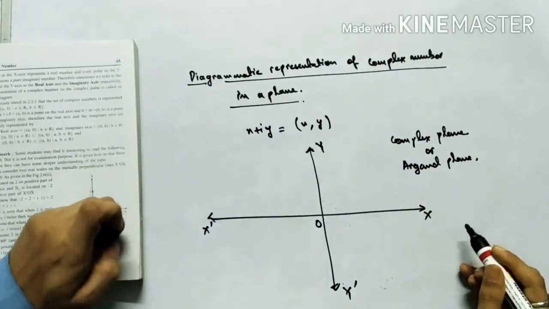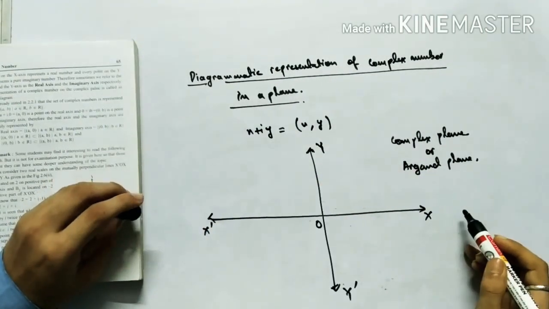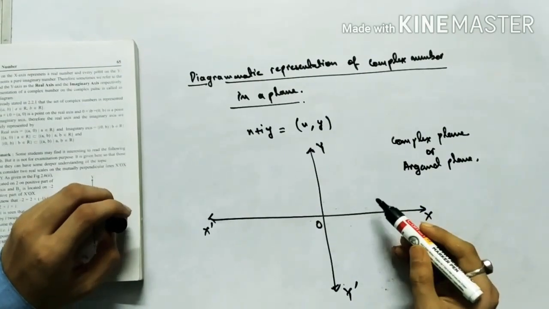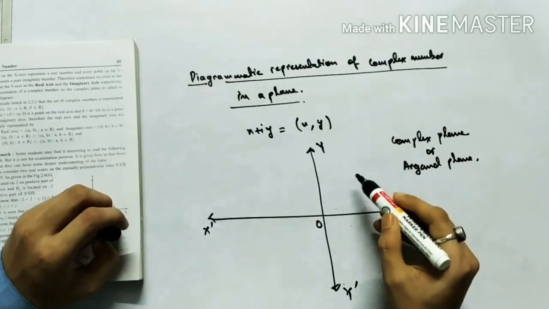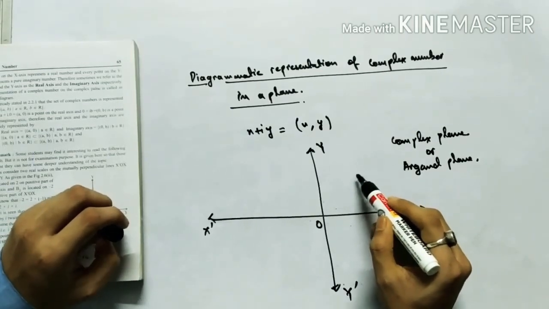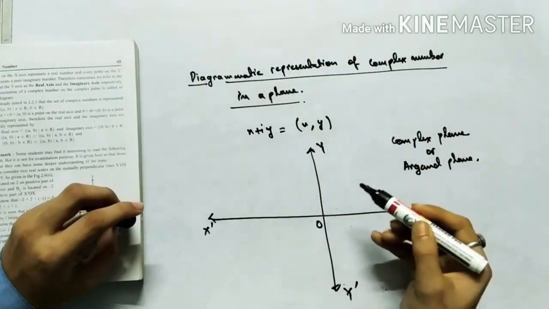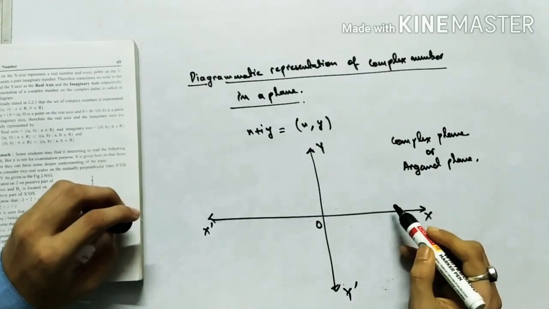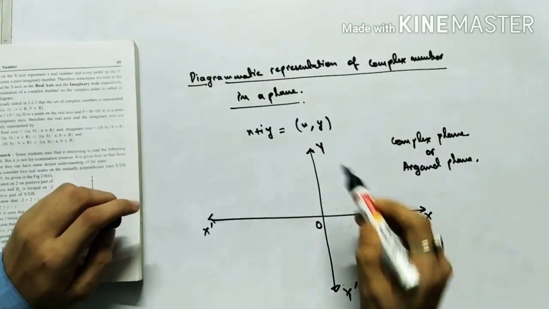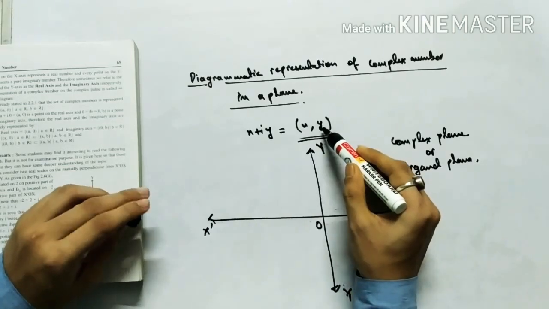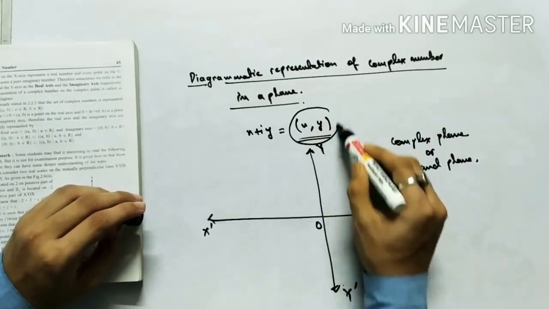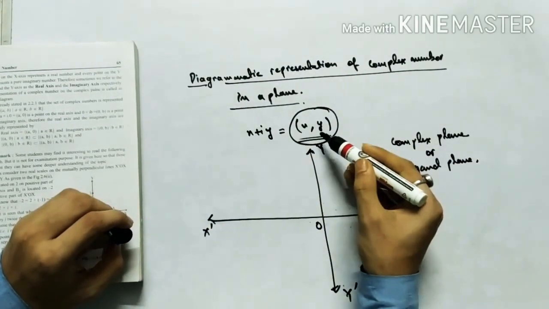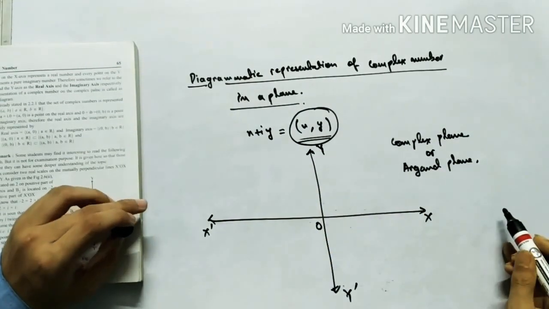This is a complex plane, and on this complex plane I can represent a complex number. If I consider it as an ordered pair x comma y, this x comma y represents a point. This ordered pair represents a point on this complex plane.